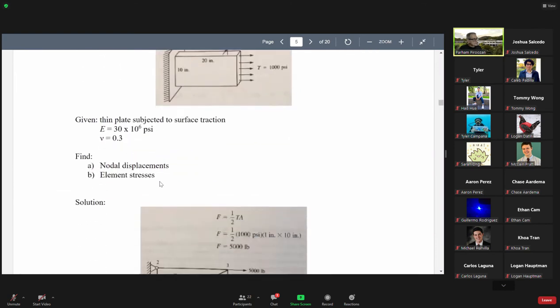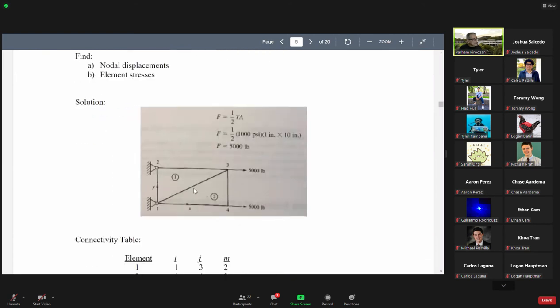We want to see the stress, just coarse meshing, just 2 elements. Node 1, 2, 3, 4, 4 nodes and 2 elements. So node 1 and node 2 are fixed in the X and Y directions.